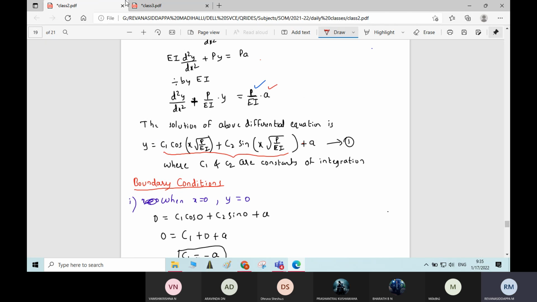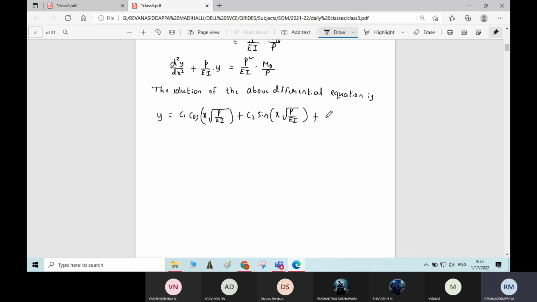Plus what will be the solution now? Instead of A, what will come here? What may be the answer, students? Tell me.